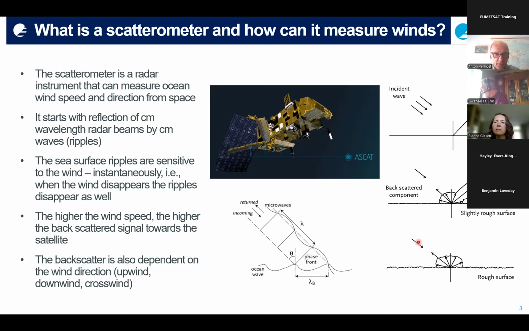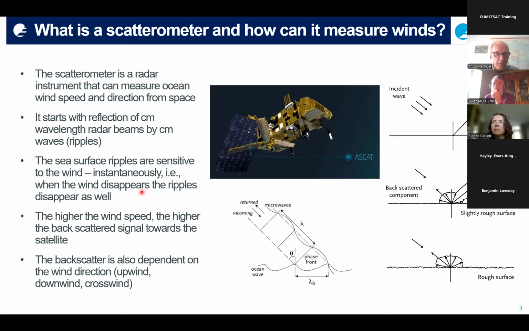So it matters whether the wind is pointing in the direction of the antenna or just away from it, or just perpendicular. So that all makes a difference. So that's a quite complicated relationship, but it can help us to retrieve wind speed and wind direction.